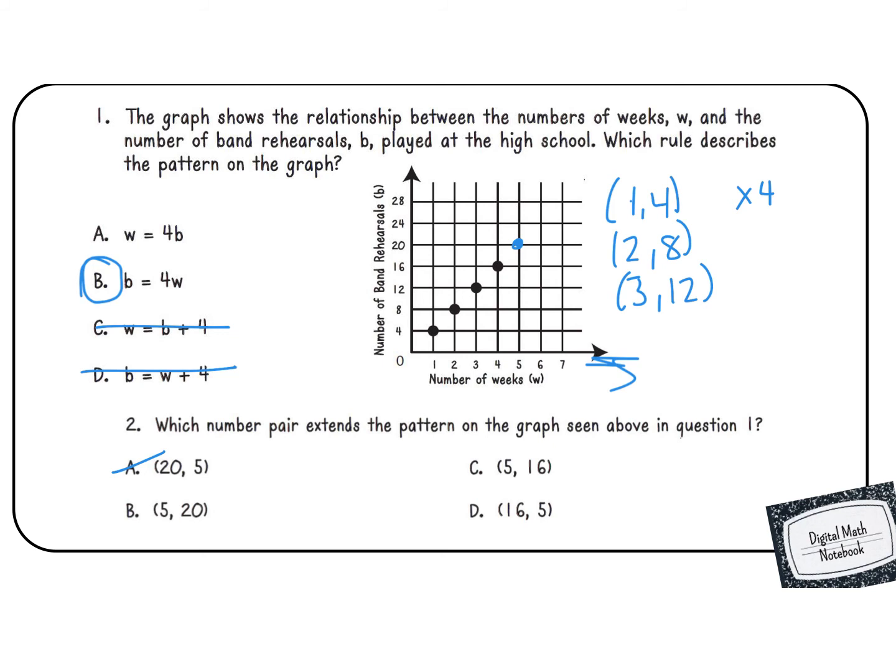That seems like a logical place. Let's check our other ones to be sure. C says 5, 16, so that would be over to 5, but then that point would be here, which means that they didn't increase the number of practices. And D has 16 weeks to start off with, so we know it's not D, so it's got to be B.